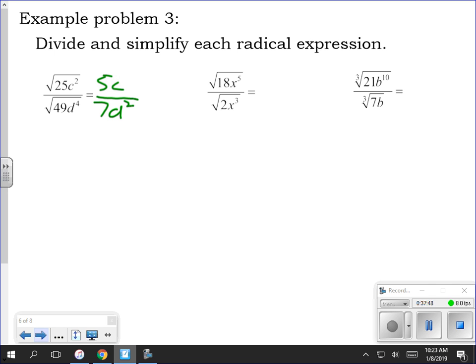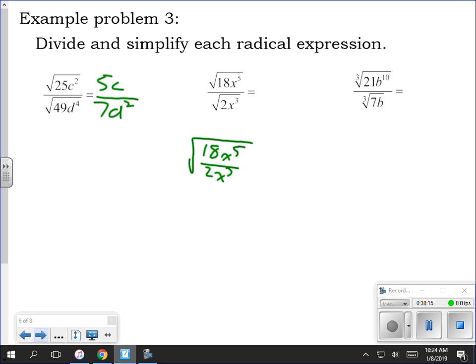I look at the next one, and I'm going, okay, my denominator is not a perfect square. I can simplify this the x cubed, but I don't want to if I don't have to at this point. What I want to do is instead think about this problem as being 1 square root. And can I simplify that fraction first? Yeah.